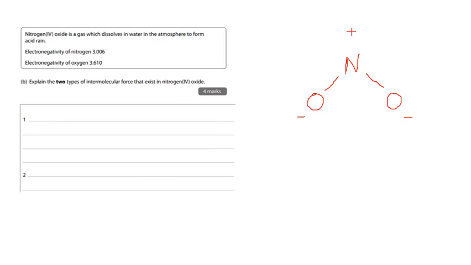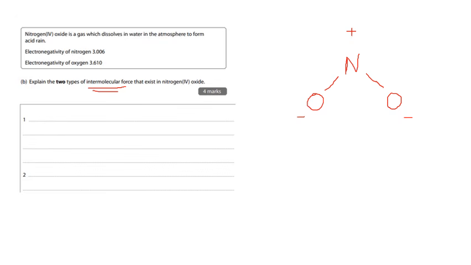Okay. Now explain the 2 types of intermolecular force. Now intermolecular, this is the key word here. I'm not interested in the covalent bonds. I'm interested in the bonds between the molecules.